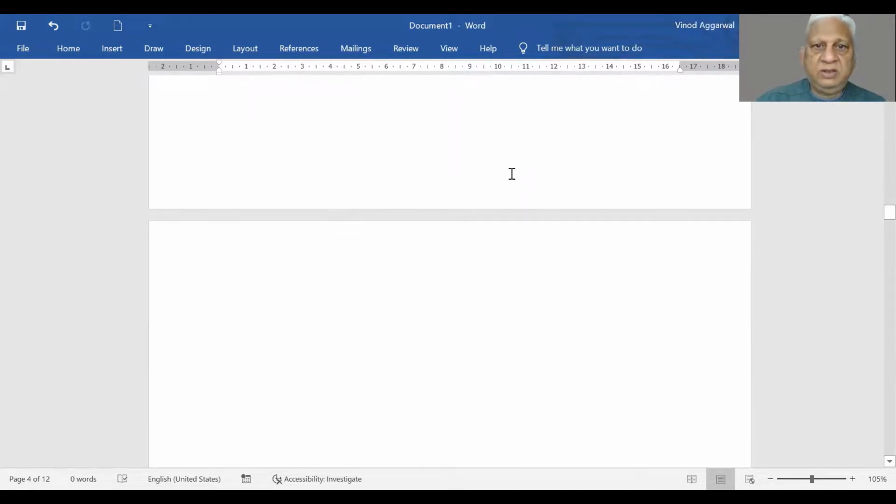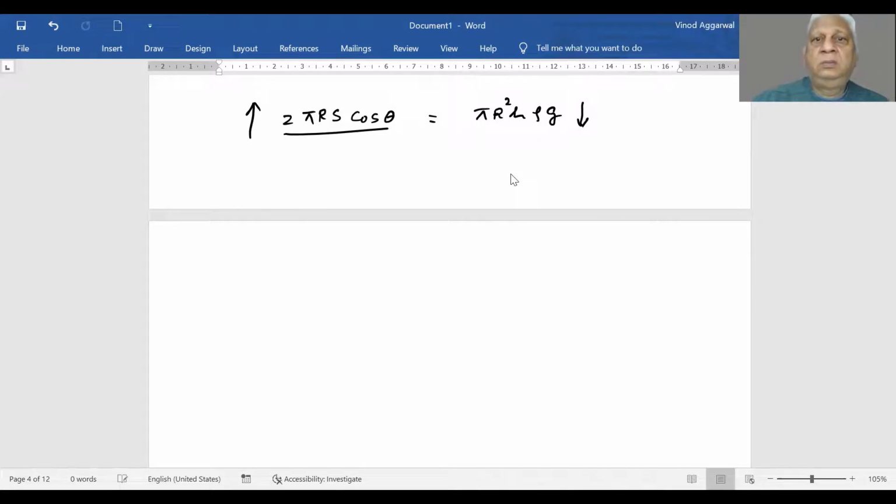Now what happens in that case is, this was the total force acting upwards, and pi r square h rho g was the weight of the liquid acting downwards.